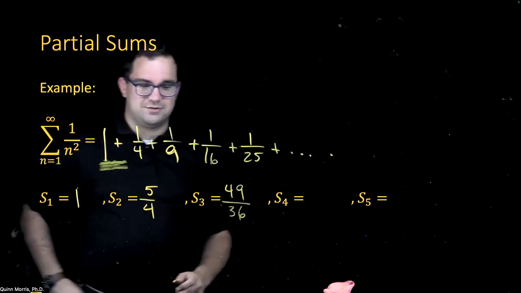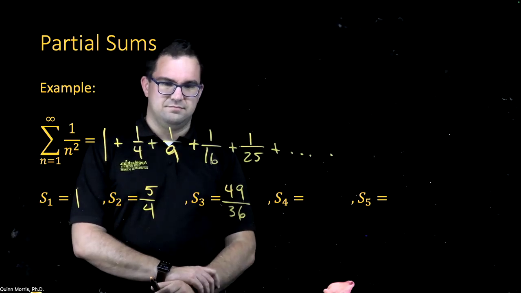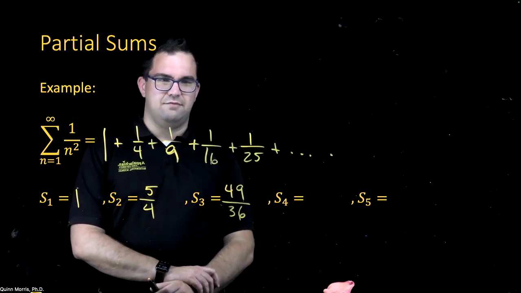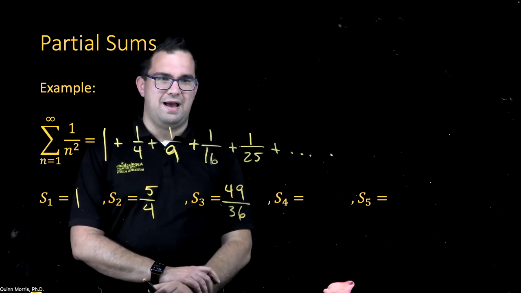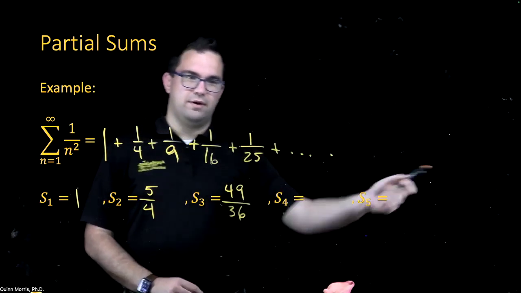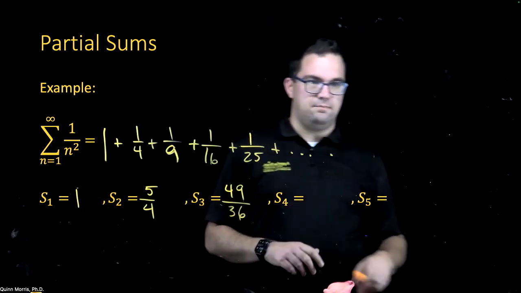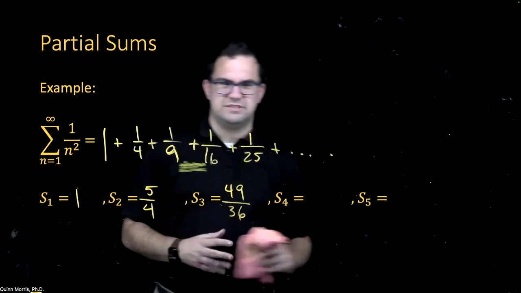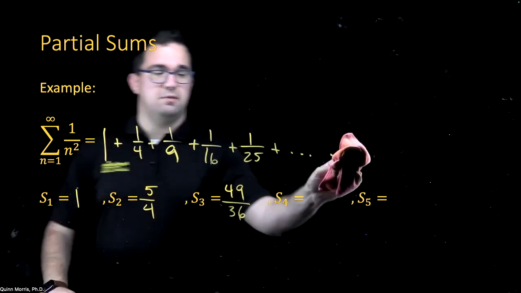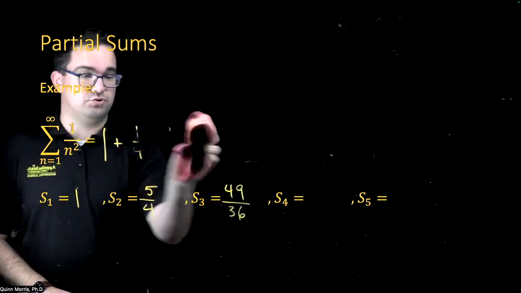And what you may already be starting to see is that it's not immediately obvious that there's any sort of pattern going on here. We could keep going, but I'm not going to bother with your time, in part because in terms of the fractions, I don't see a nice way to represent this, but maybe I could just ask the computer to calculate a bunch of the partial sums.